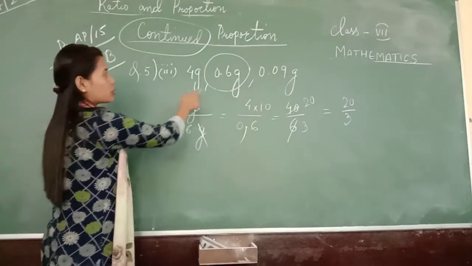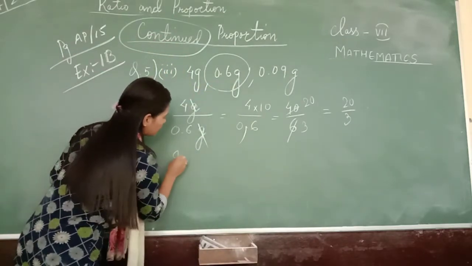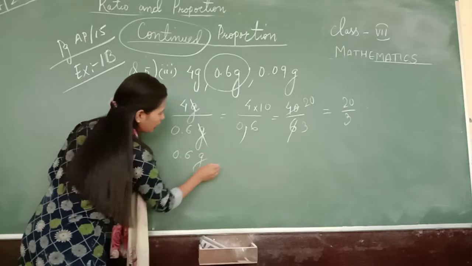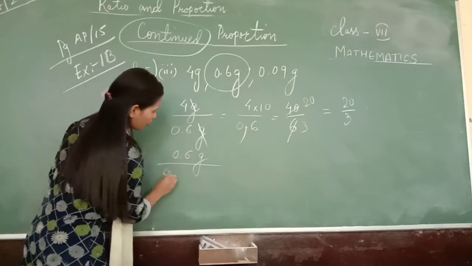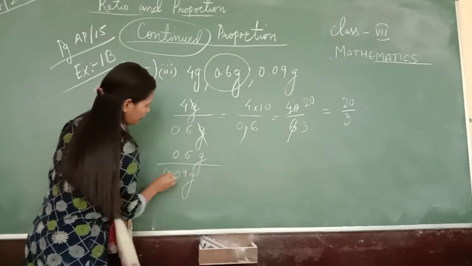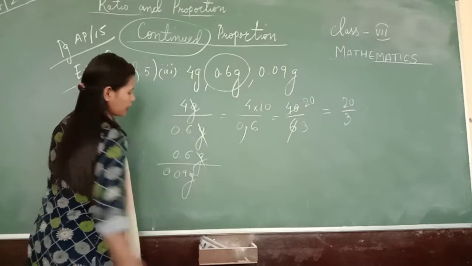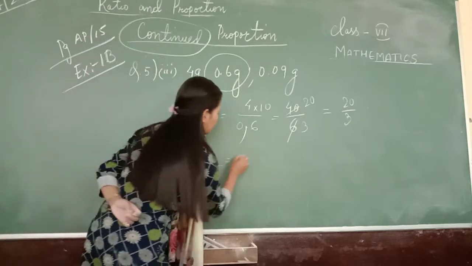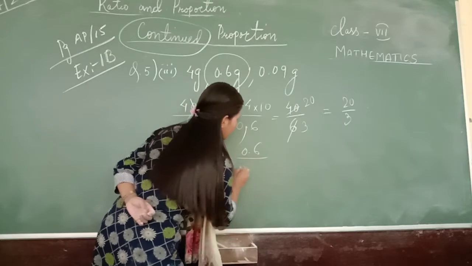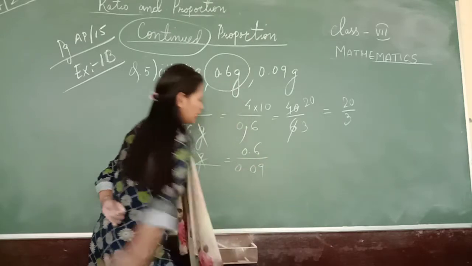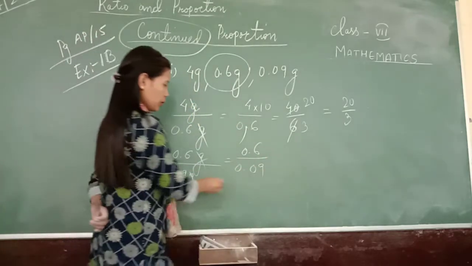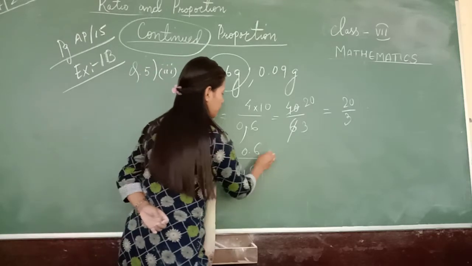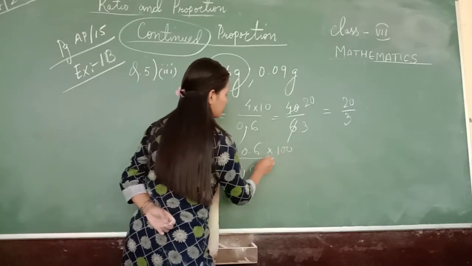Now let us find the ratio between the second and third term. That is 0.6 gram divided by 0.09 gram. Okay, so this and this get cancelled. So this will be equal to 0.6 by 0.09. Okay, so let us remove this decimal. We multiply the numerator by 100.